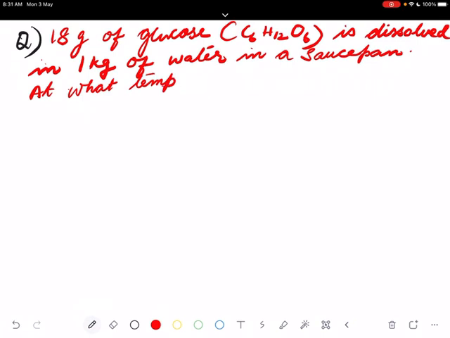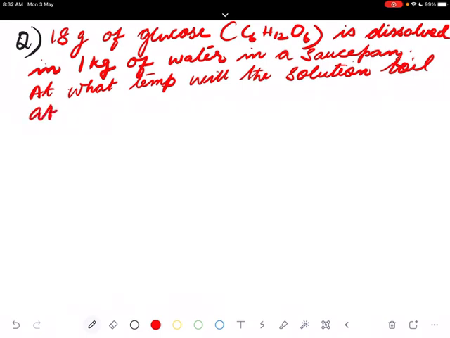At what temperature will the solution boil at 1.013 bar?